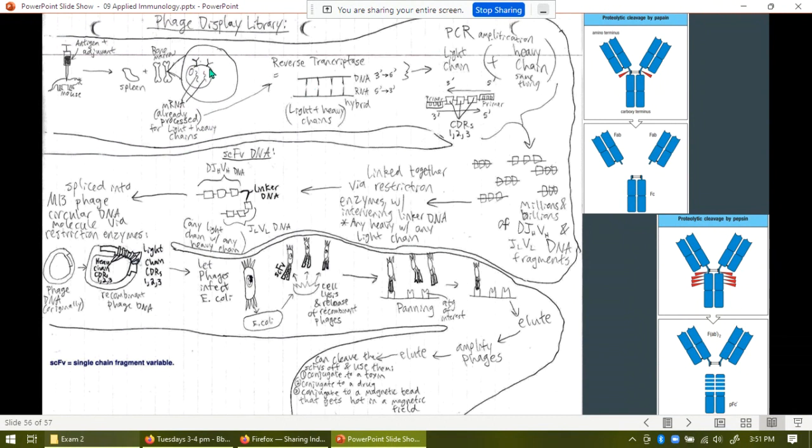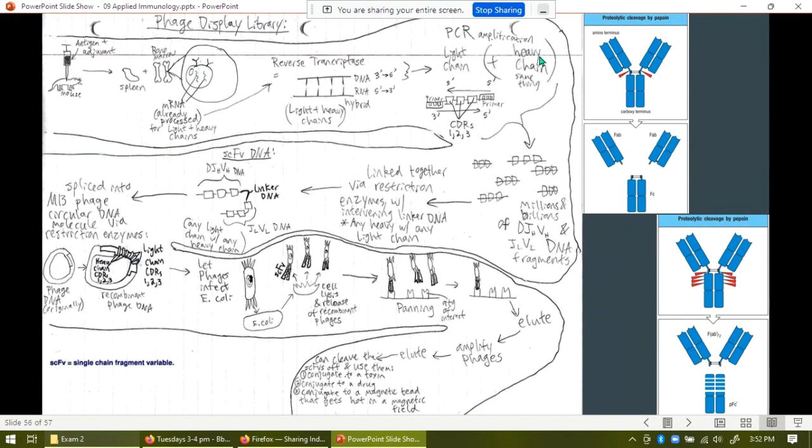You're going to first convert all of those mRNA molecules into DNA using reverse transcriptase from HIV. That is a lab reagent. And then this is going to make the double-stranded DNA molecule that encodes the light chain and heavy chain of the variable region.